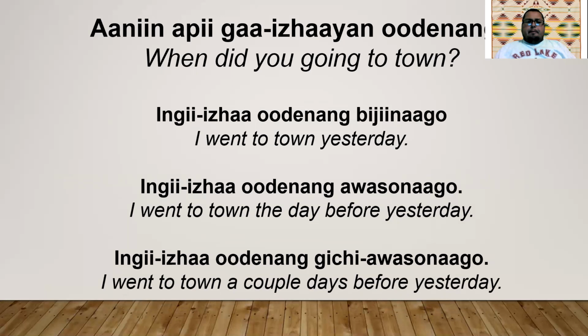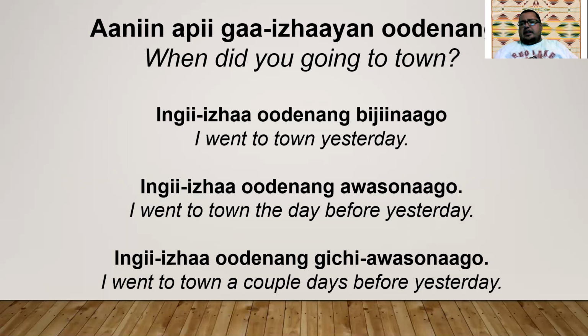And remember, when we talk about responding to these, anina piga ezhaayan odenang, when did you go to town? You can just say bijinago, awasanago, gichi awasanago. You can just use those days. And you don't necessarily have to use the whole sentence.